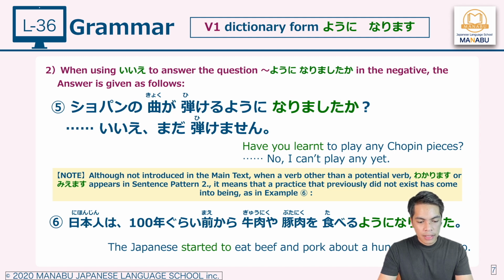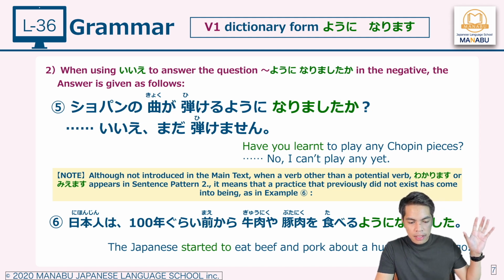Number 2, when using iie to answer the question, ようになりましたか, in the negative, the answer is given as follows. Let's read example number 5. ショパンの曲が弾けるようになりましたか? Have you learned to play any Chopin pieces? So if we remove the ka, 弾けるようになります, become able to play.